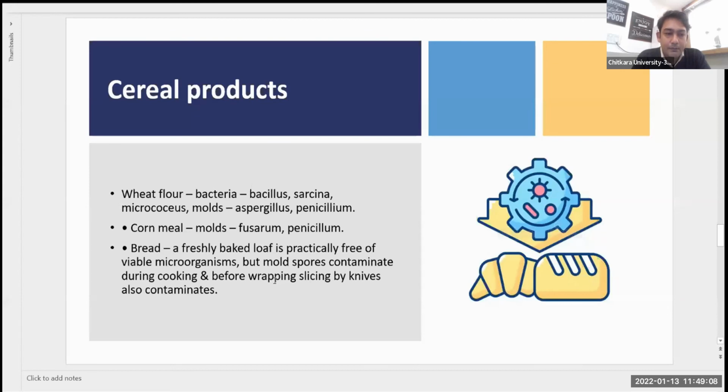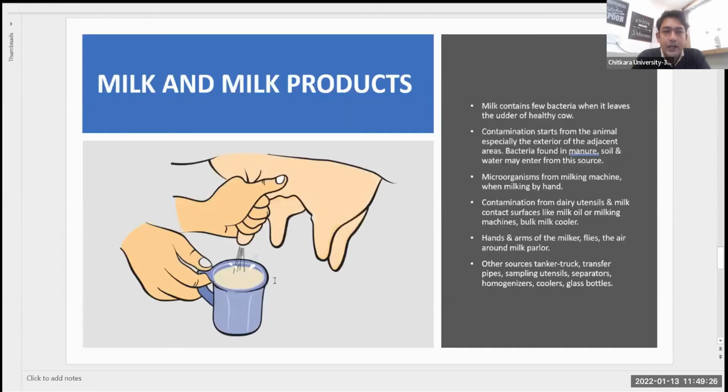So it is important, once the pack is open, to keep it at the right temperature and in the right condition. Even while cutting the bread, the knife should be clean so that it does not contaminate the bread.